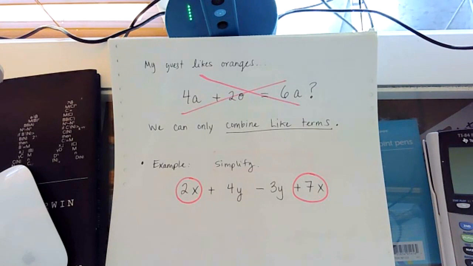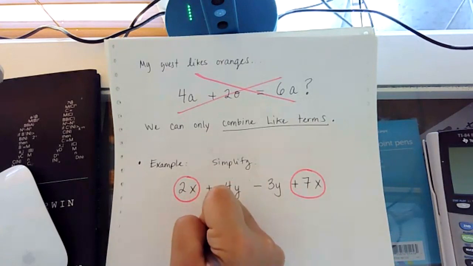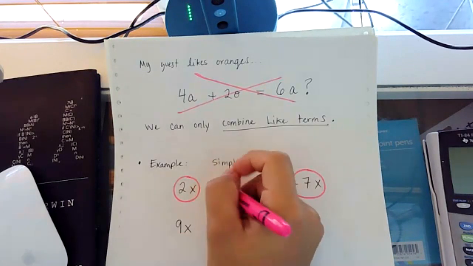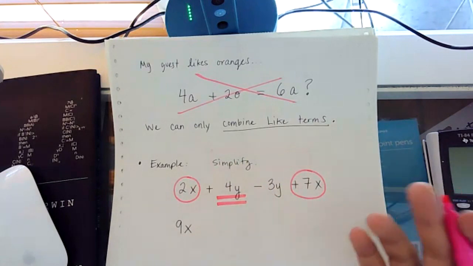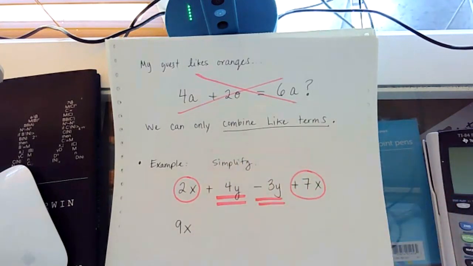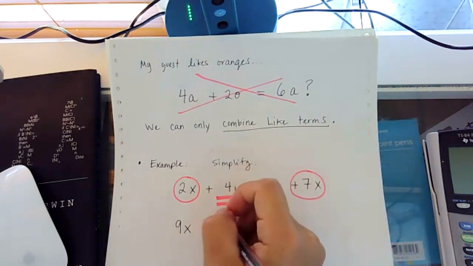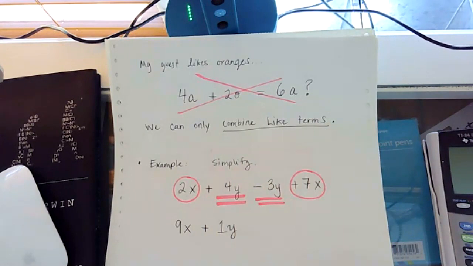You would just tell them one number. You would say that I have 9 apples or 9 of these objects that we're going to call x. Similarly, if you had 4 oranges and then you gave away or ate 3 oranges, well, how many oranges would you have left? You would have 1 orange left over. So we have one of these objects called y that we have left over.